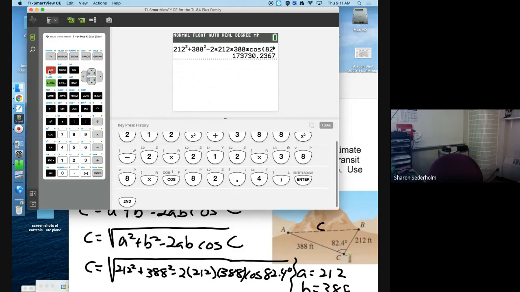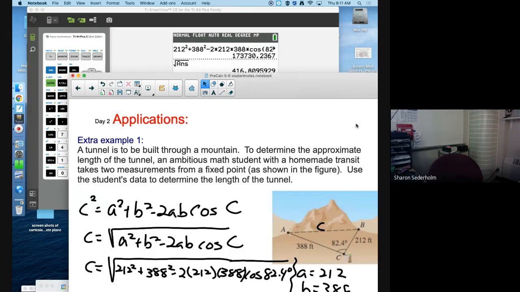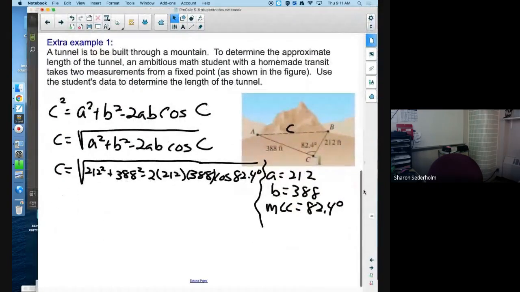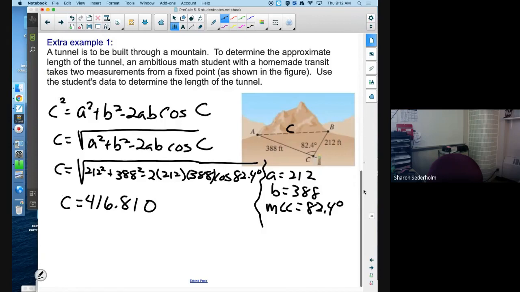Then the square root of that monster, 416.810 to 3 decimal places. And this information was given in feet. There's a label in the picture.